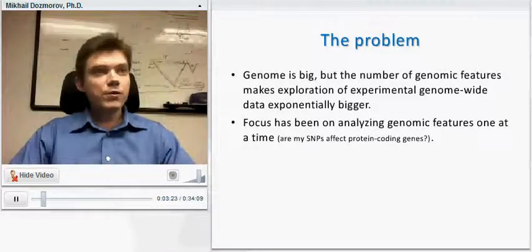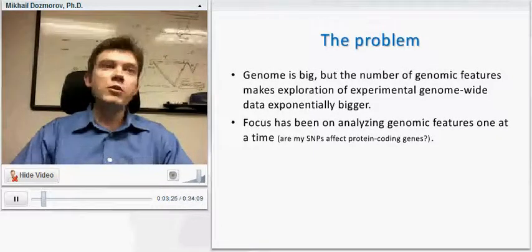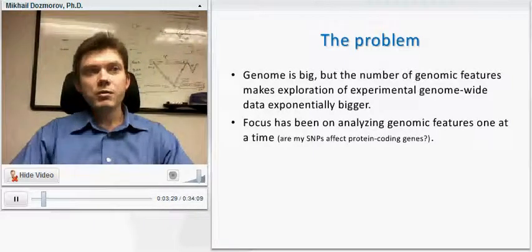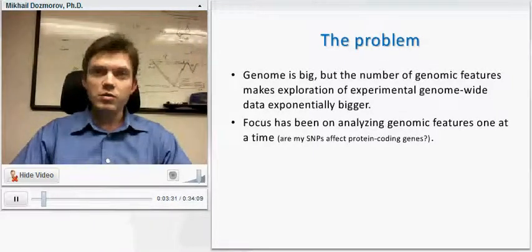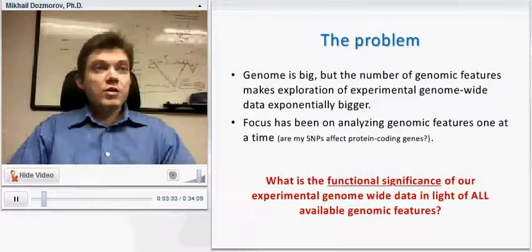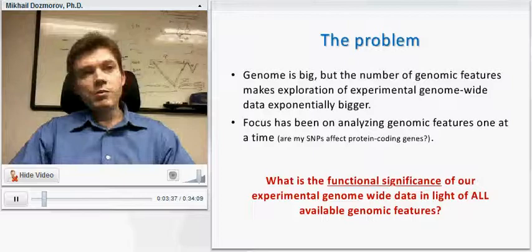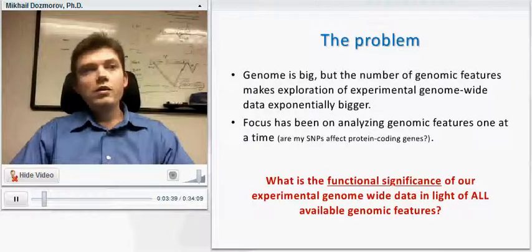And so far, focus has been on analyzing genomic features one at a time. For example, does my set of SNPs affect protein coding genes? But the question remains, what is the functional significance of our experimental genome-wide data in light of all available genomic features?